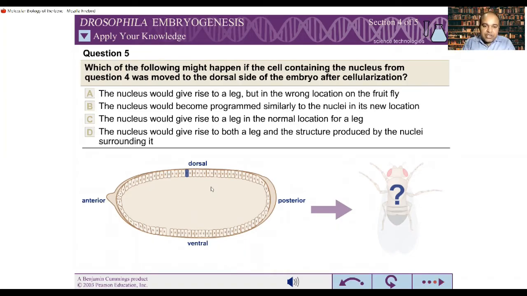When the cell has been transferred from one side to another, what is going to happen? So if this cell was forming the leg, then what will happen? The leg formation will now take place over the dorsal surface, and not over the ventral surface.